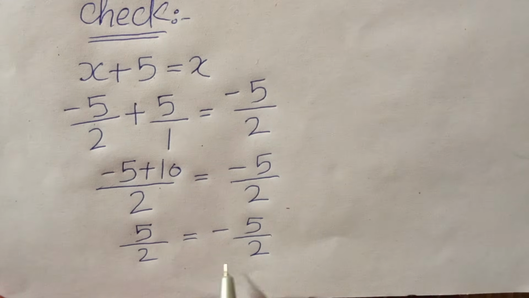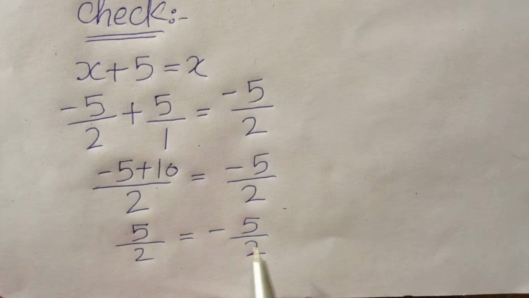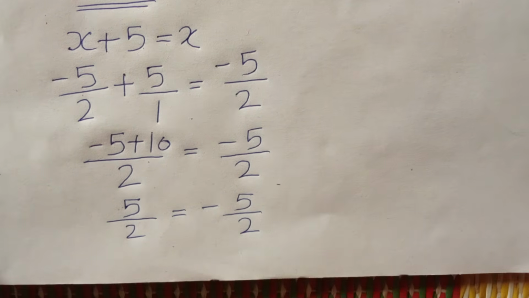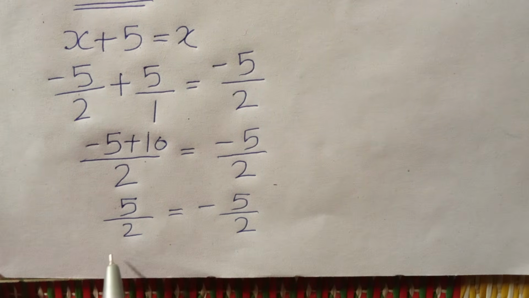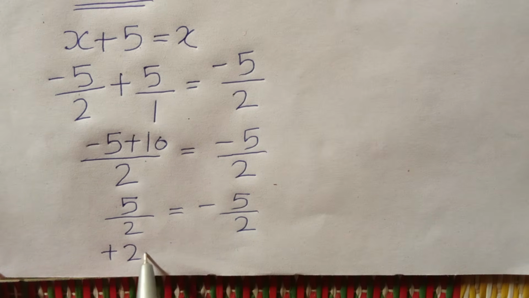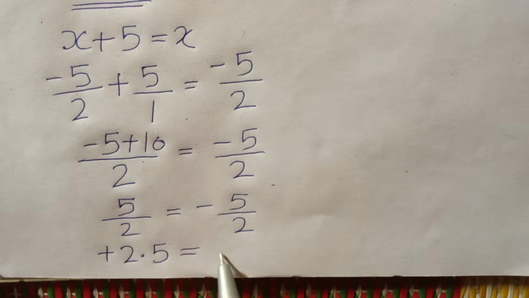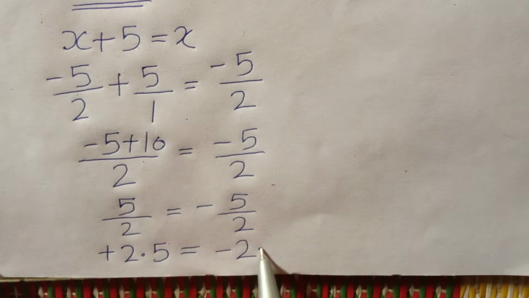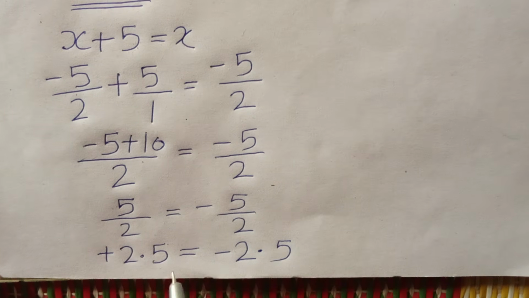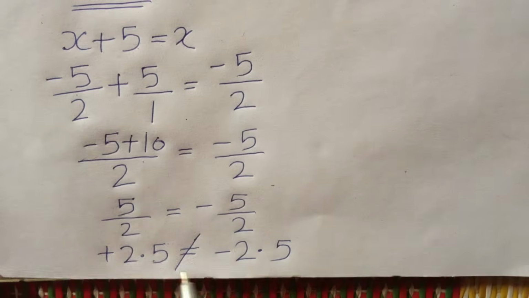These two values are not equal because 5 divided by 2 equals plus 2.5 and negative 5 divided by 2 equals negative 2.5.